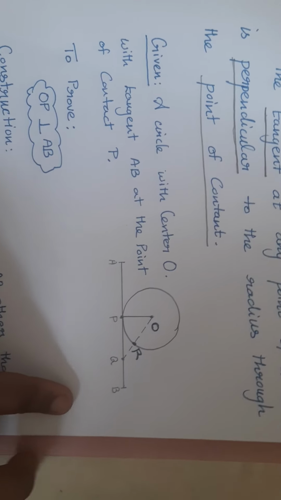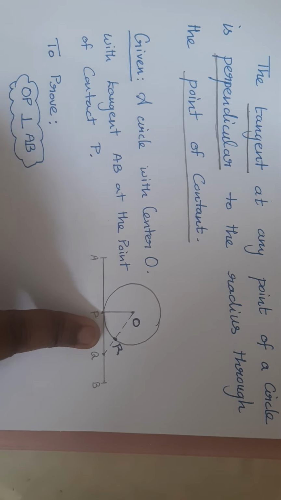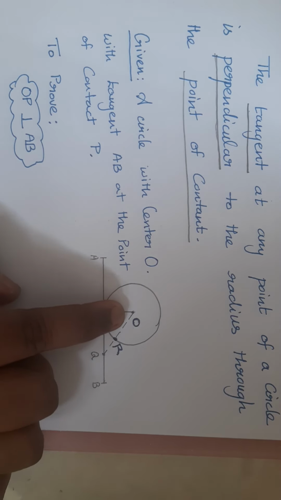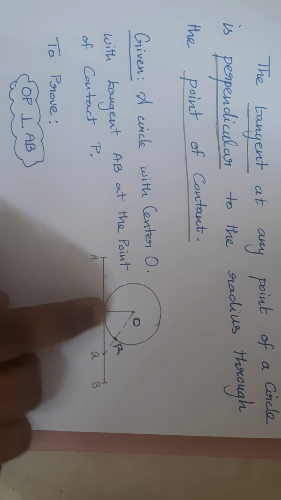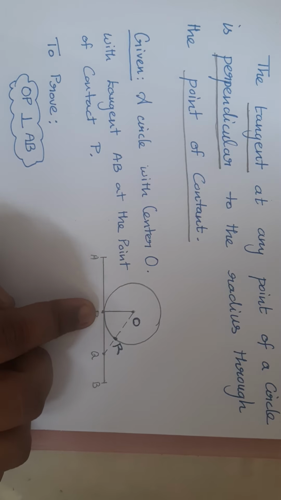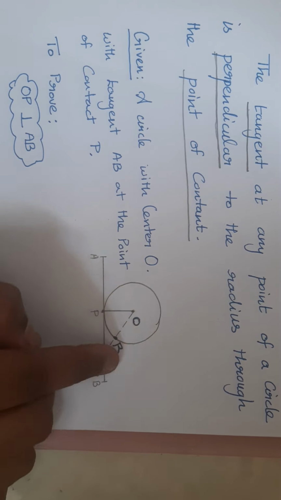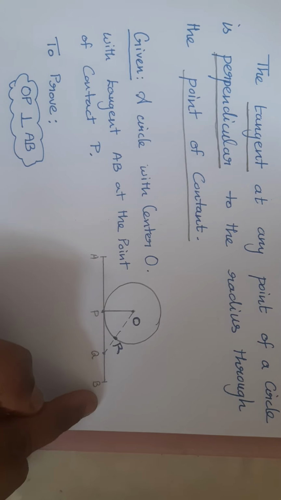Let's see. So this is one circle, and this is the center O. You can take any point on the circle, here or here, keep the point and draw one tangent.